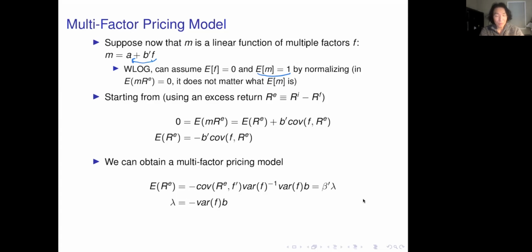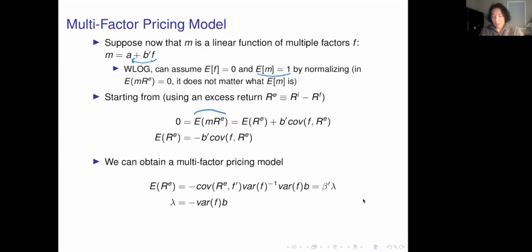Now we can start from the expression using the excess returns, and we decompose this component as we have done many times before.